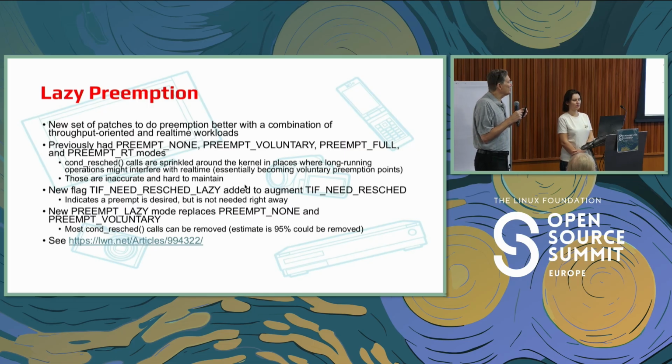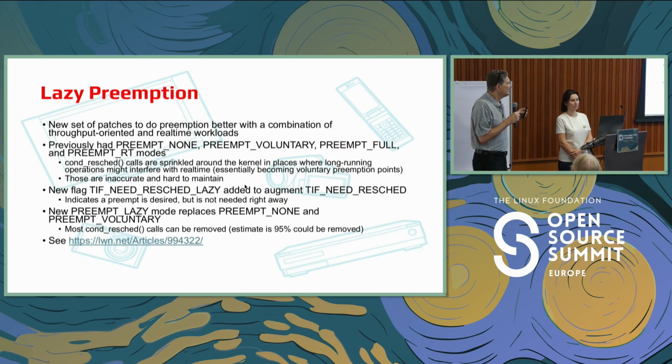They want to restructure the code so that it's more automatic. One of the issues is that to achieve real time, they've sprinkled throughout the kernel source code these calls to conditional reschedule, which are like a voluntary release point, a yield point. But they're inaccurate, there are thousands of them, and they're hard to maintain. So they've come up with a new system called lazy preemption, which will replace the two other modes.